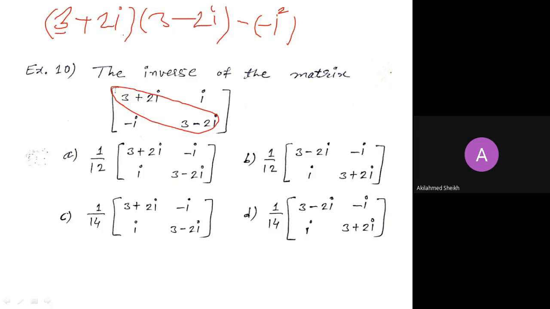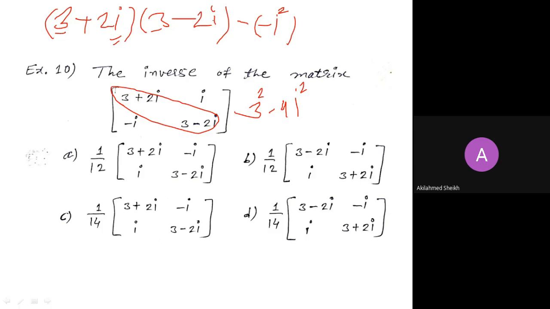So 3 is a and 2i is b. It becomes 3 square minus 2i square, that is 4 i square.